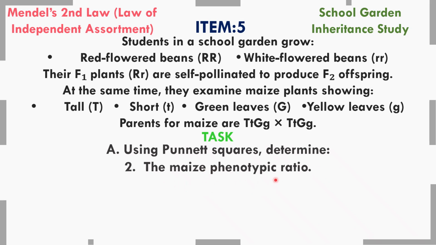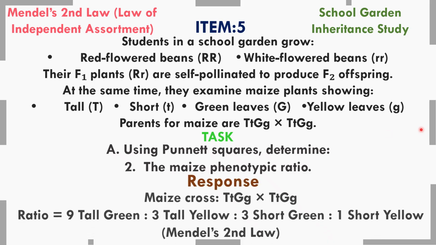The maize phenotypic ratio. Maize cross, capital T small t, capital G small g, crossed with capital T small t, capital G small g. The ratio is 9 tall green to 3 tall yellow to 3 short green to 1 short yellow. This is Mendel's second law.